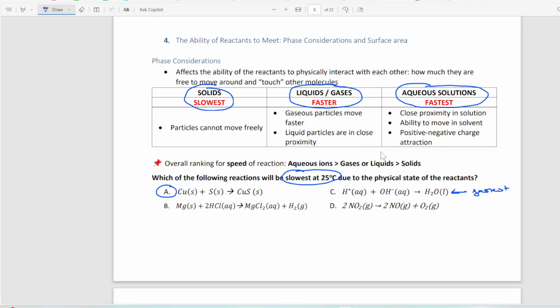So that would be your fastest reaction. After that, I would probably go for the gases, right? And then my second last would be the magnesium with the hydrochloric acid, and then down to the copper solid and the sulfur solid. And again, with these gases, there'd be some parameters, like you'd actually have to contain them so that they actually do collide, right? Because gases are a bit tricky.